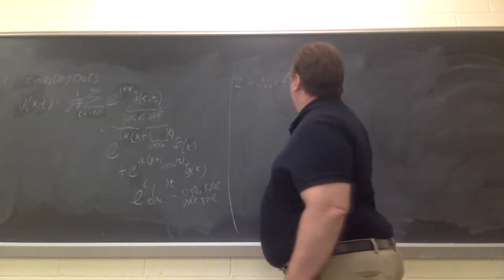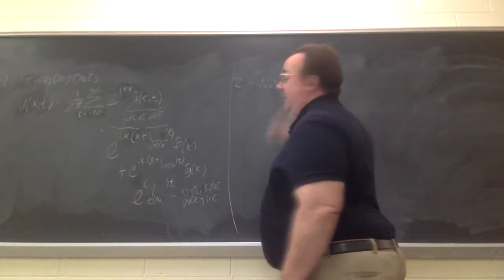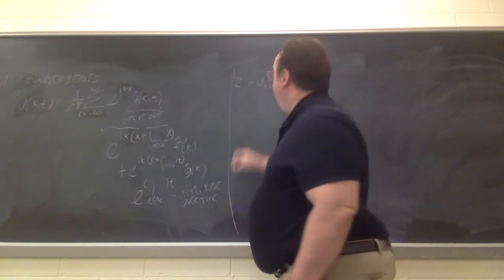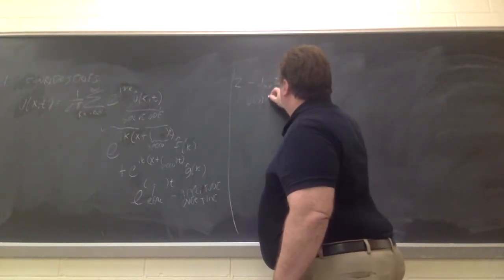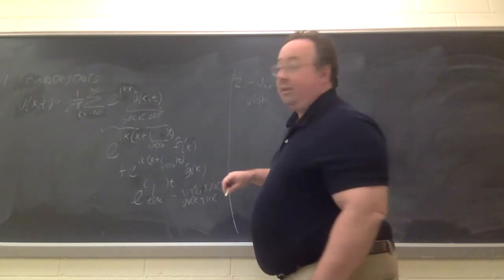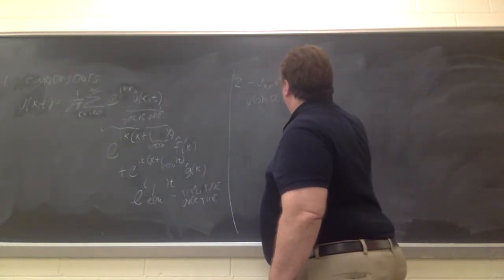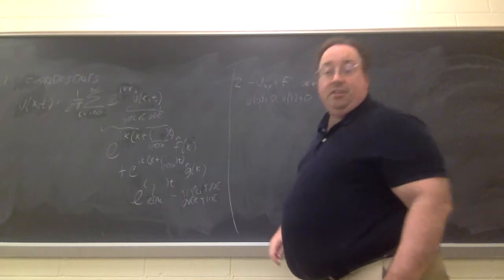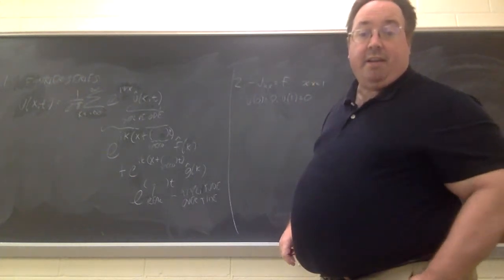Poisson's equation and boundary conditions, u0 equals 0. And you're given f.